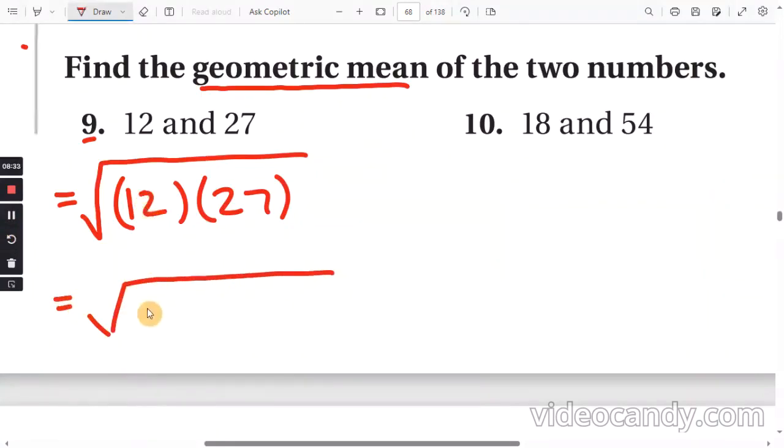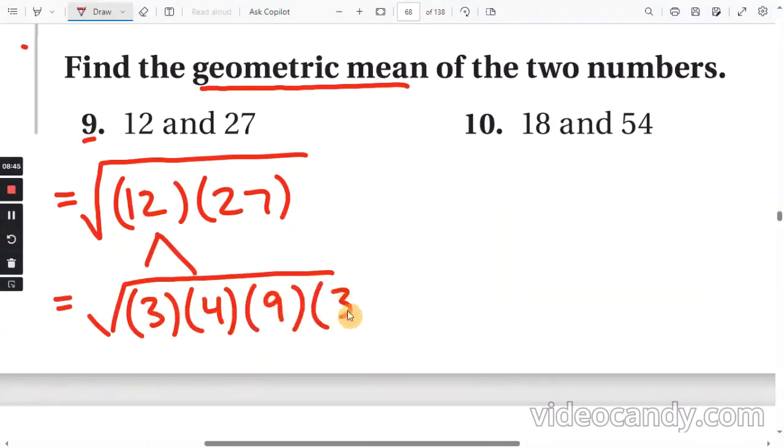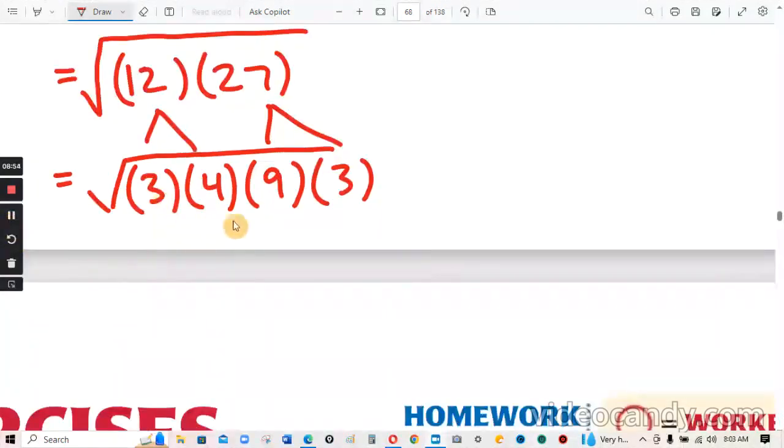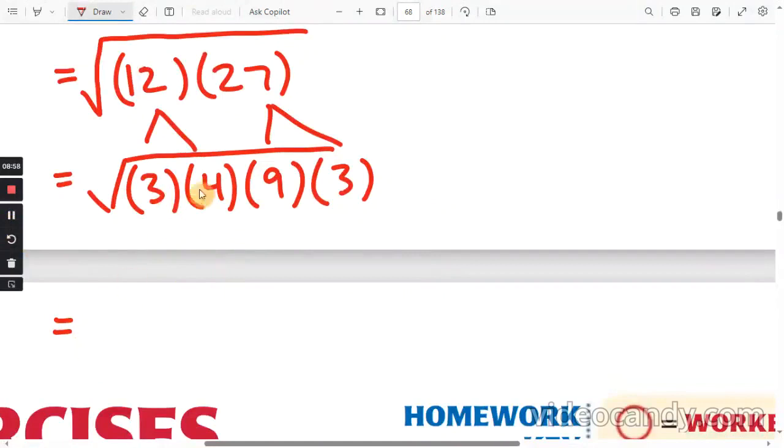I know 12 is the same as 3 times 4. So that's a good start. And I know 27 is the same as 9 times 3. Now, we said if you have a repeat, you can scratch off, cancel 2 and bring one of them outside. So the square root of 3 times 3 is just 3.